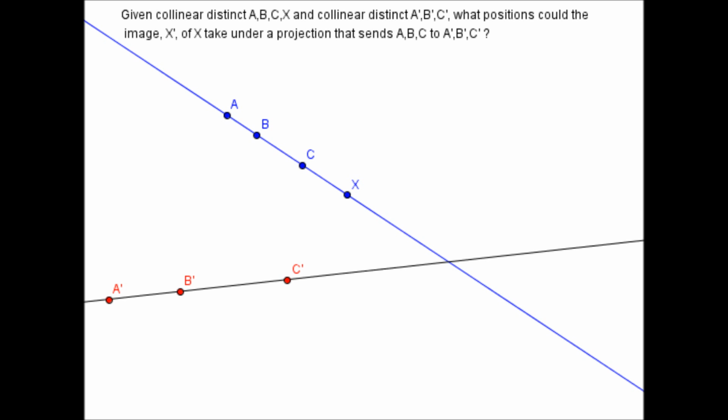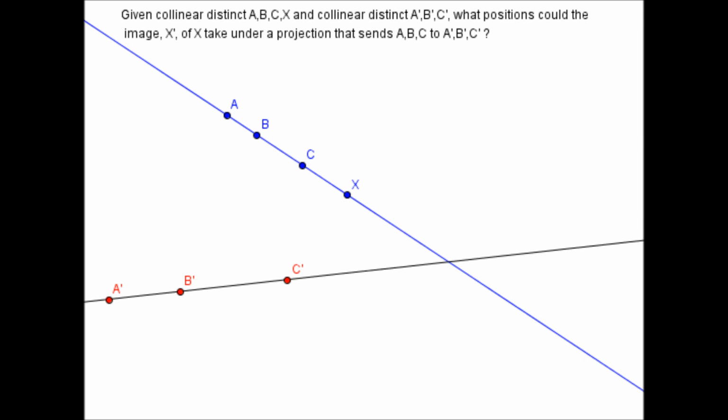Let's suppose that we've got 4 points on a line, 4 distinct points in fact, A, B, C and X. And what we're interested in is another line, which might be a different one or it might be the same one.